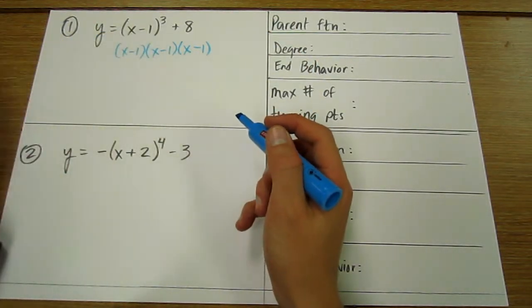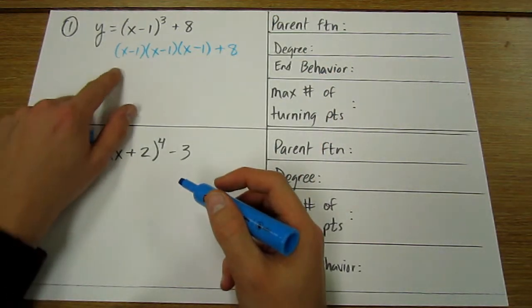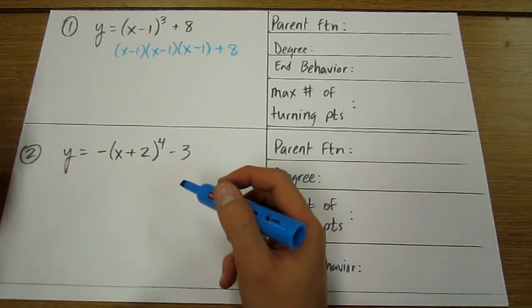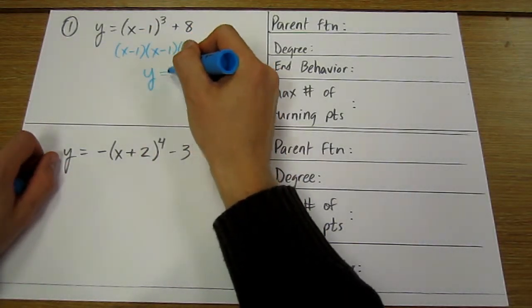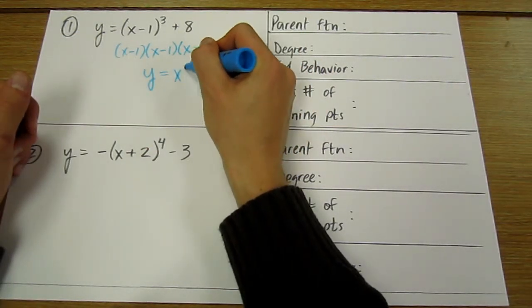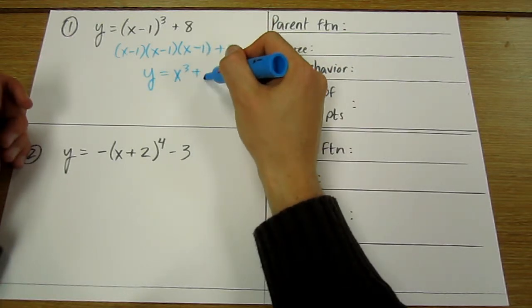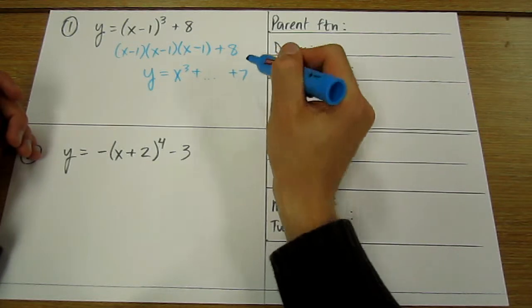That makes x minus 1 cubed, and then at the end we're going to add 8. If we were to do all of that math, we're going to come out with something that is going to be an expanded form. So that would be y, and then we'd have x times x times x would be our first thing, which is x cubed, and then we would have a bunch of other stuff and probably a constant at the end, and I believe our constant is 7.